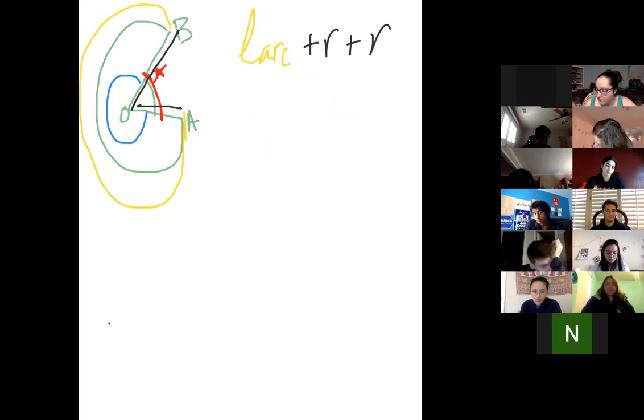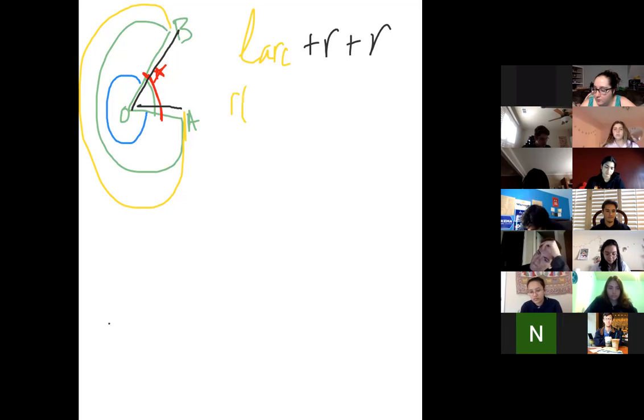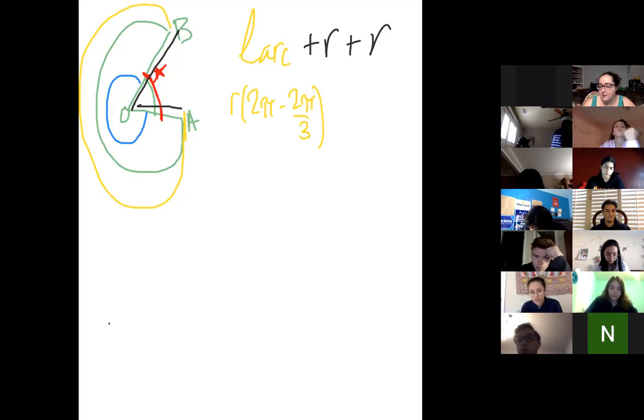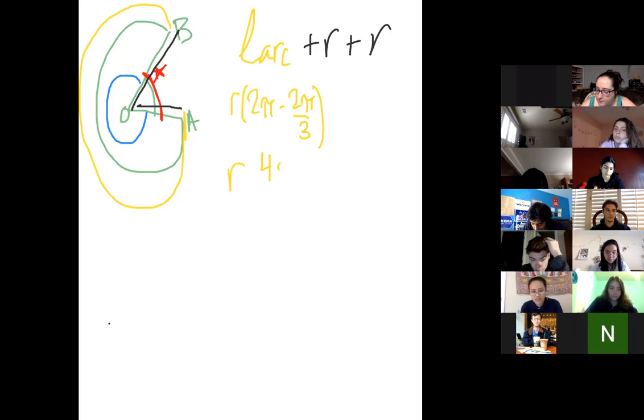So for the length of an arc formula, many of you did this part right, where you have r times 2 pi minus the angle you found of 2 pi over 3. Now here's the benefit: if you did it the other way first and found the angle of the shaded region, you already know that this is 4 pi over 3.